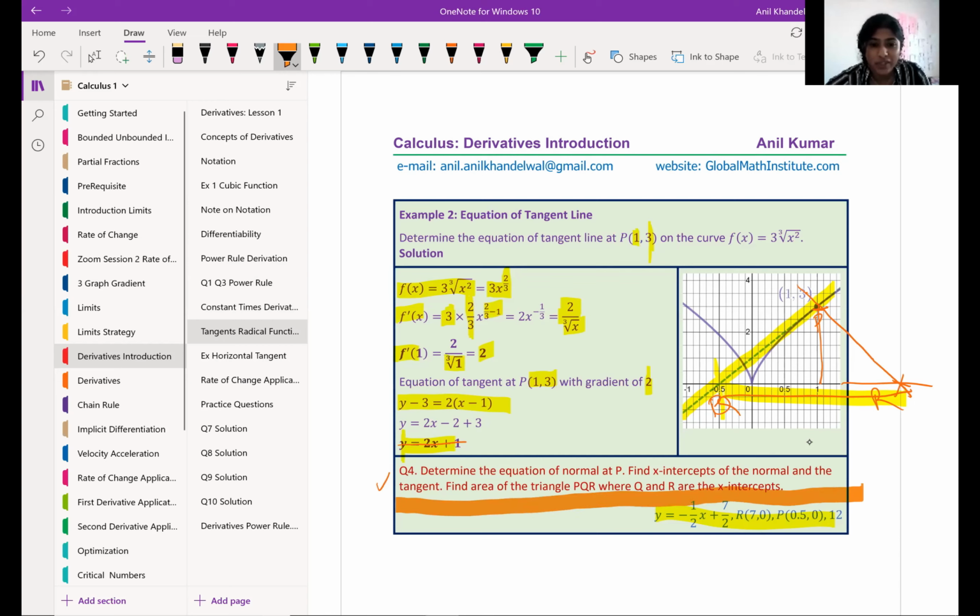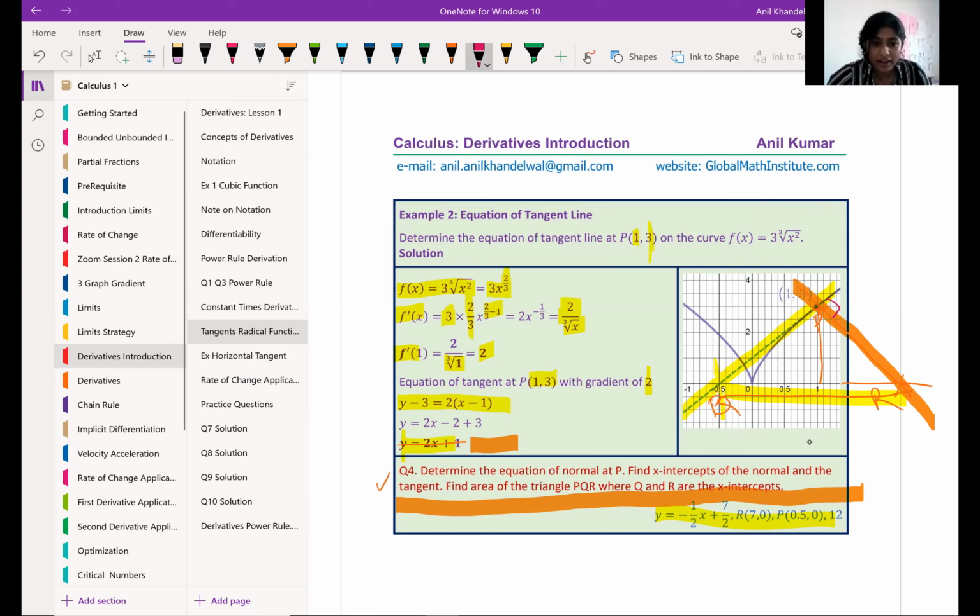Correct. So what I did was the equation of the tangent. Well, the steps are given there, which is y equals 2x plus 1. Correct. And so we have to find the normal. We need to find the line perpendicular to it. So you have to find what 2 times what gives minus 1.